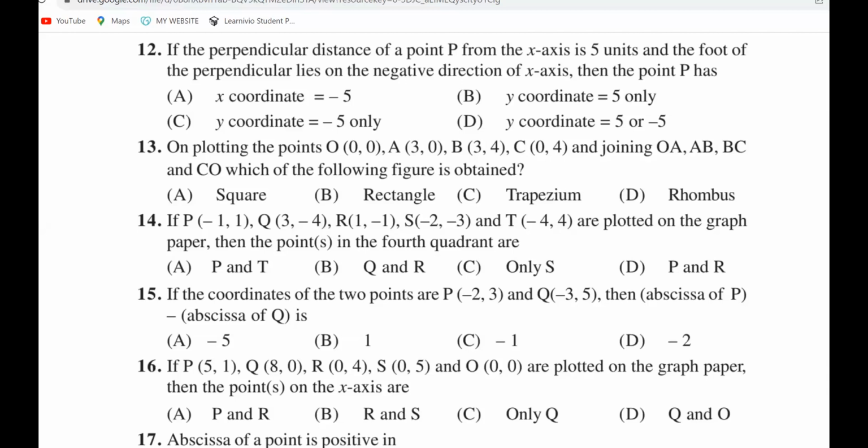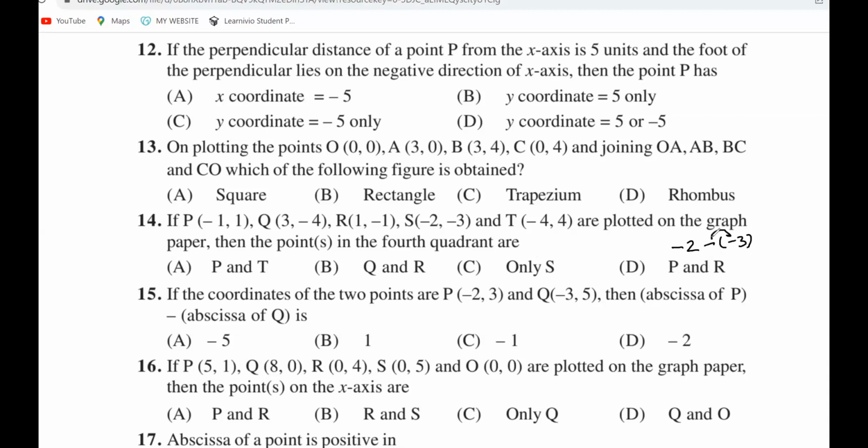Done? Deepa, you are muted. Answer is -2. Let's check. The abscissa means the x coordinate of P minus that of Q, so you write -2, then minus -3.